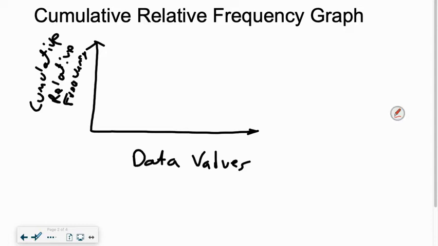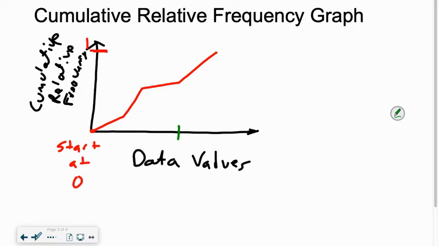A couple things about this: it's always got to start at 0, and then it'll go up, and it always has to end at 1. So as we go up, it tells us what percent of the data fall below that point.